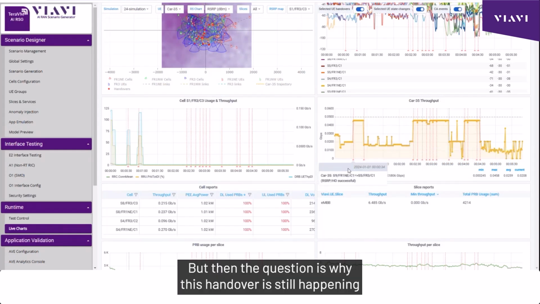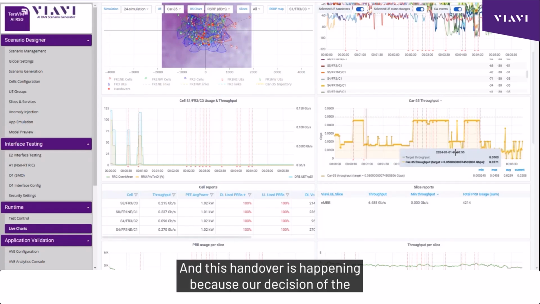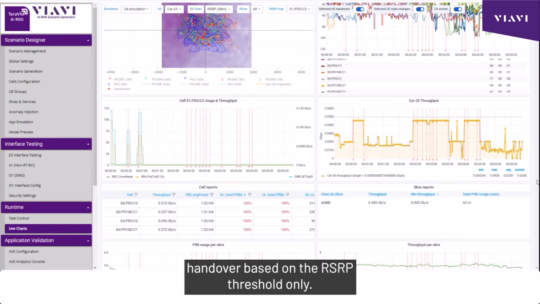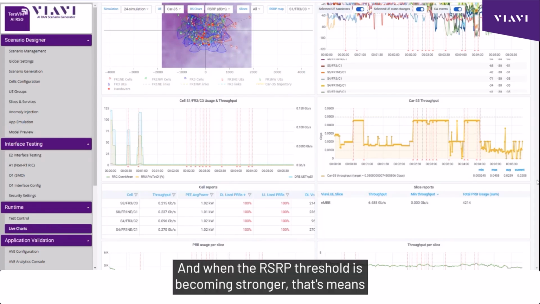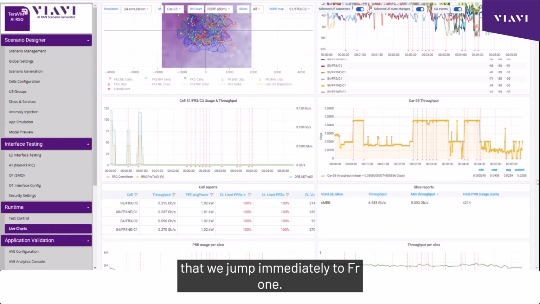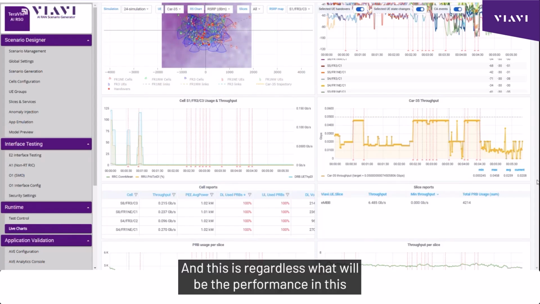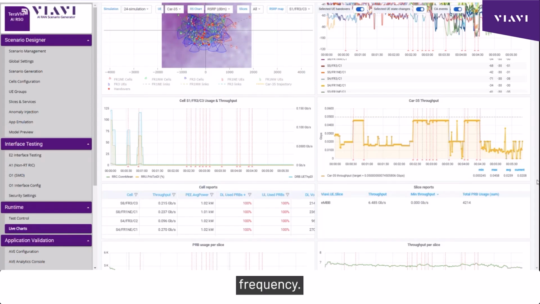But then the question is why this handover is still happening. This handover is happening because our handover decision is based on the RSRP threshold only. And when the RSRP becomes stronger, we jump immediately to FR1, regardless of what the performance will be on this frequency.